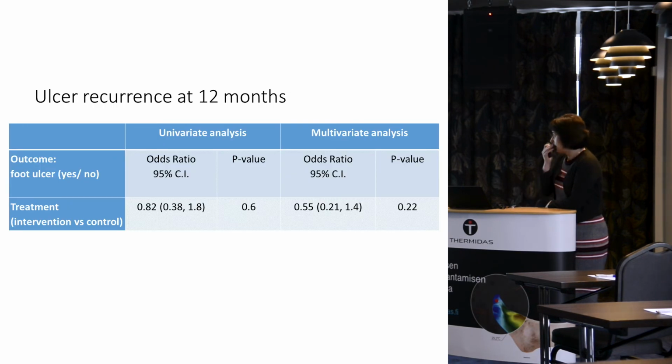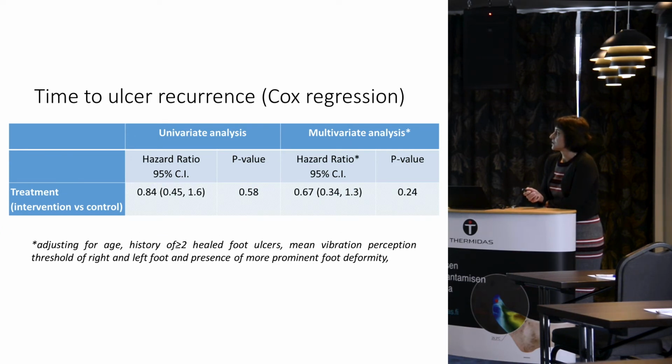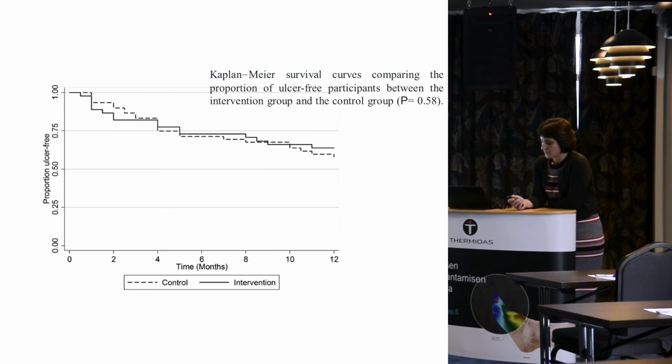The study did not show a difference in ulcer recurrence at 12 months in both the univariate and multivariate analysis, and also time to ulceration was not different between the two groups. And perhaps the easiest to present is this Kaplan-Meier survival plot, which shows the proportion of people who remained ulcer-free on follow-up.